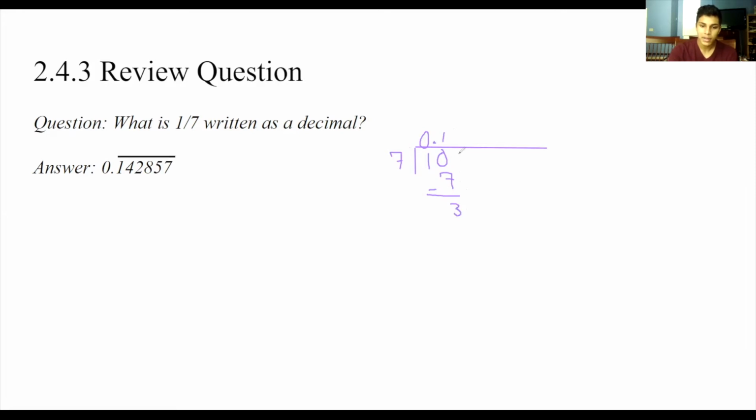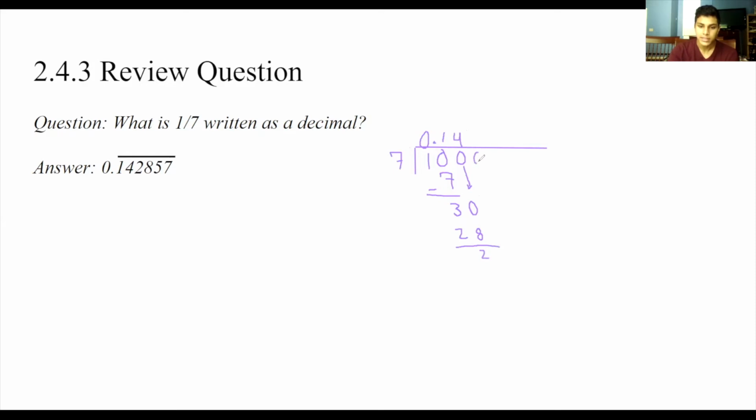So now I have to add a 0 at the end again because I don't have any more numbers to bring down. So if I bring down that 0, that gives me 30 at the bottom. So 7 goes into 30 4 times because 4 times 7 is 28. So if I subtract 28 from 30, then that gives me 2.